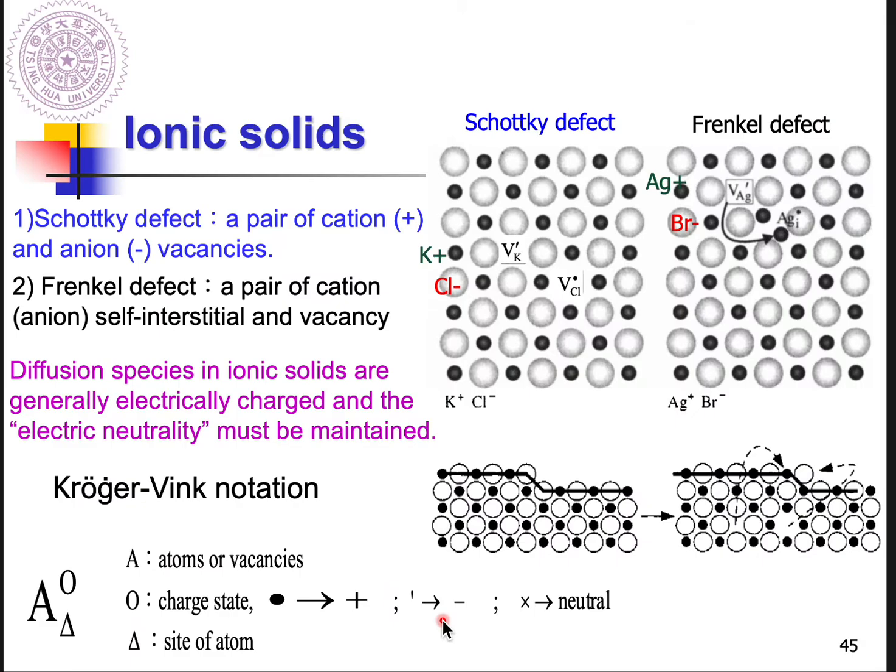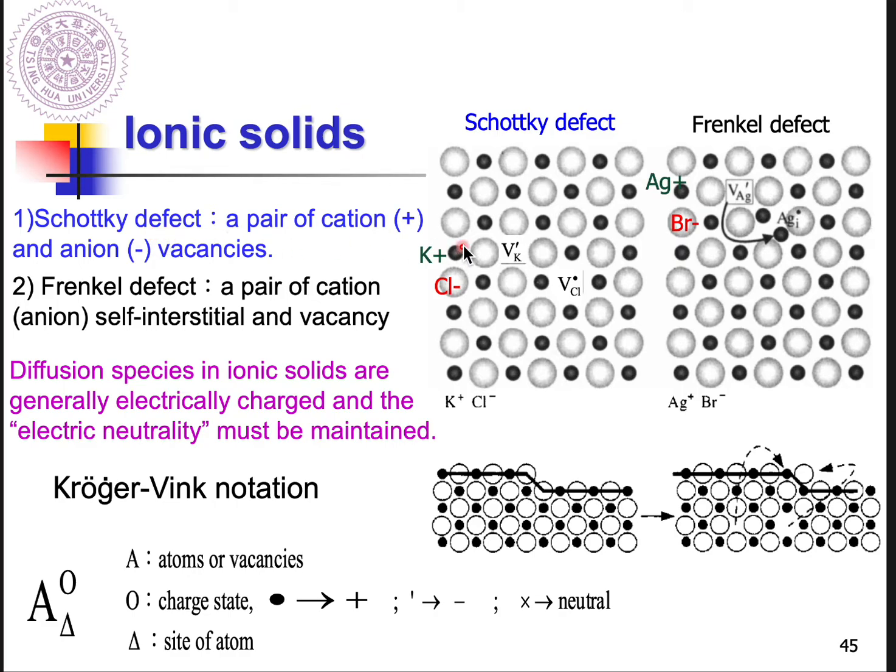First of all, you need to know in ionic solids we usually have cations and anions, right? So there are two possible usually observed vacancy defects, and the first one we call a Schottky defect.